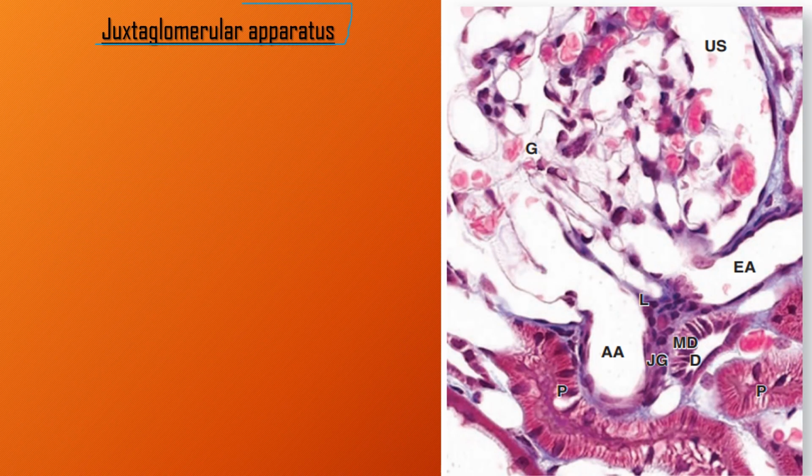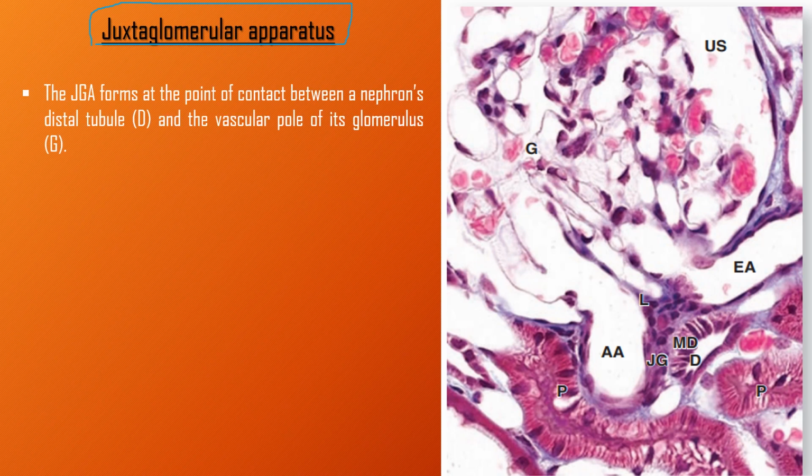Juxtaglomerular apparatus. The juxtaglomerular apparatus forms at the point of contact between the nephron's distal tubule and the vascular pole of its glomerulus.